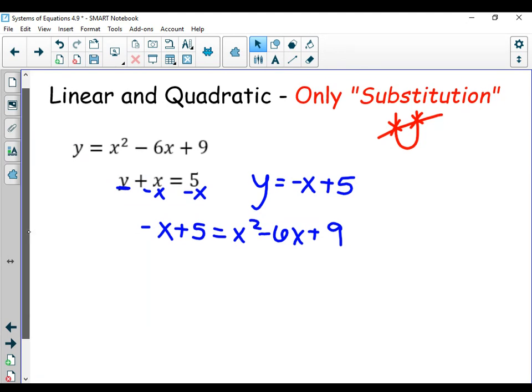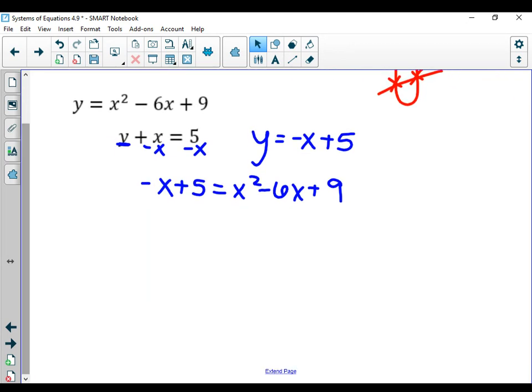I'm going to move all of the stuff from the left side to the right side, only because I like to leave my leading coefficient, the number that's in front of the highest exponent, to be positive. So I don't want to move all of this stuff from the right side to the left, then I'm dealing with a negative number. So I'm going to move everything from the left to the right.